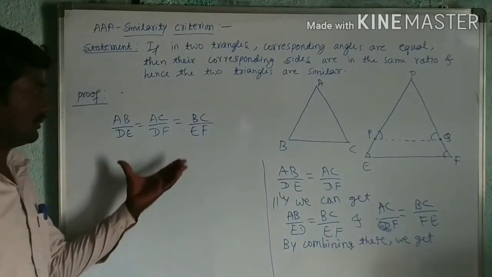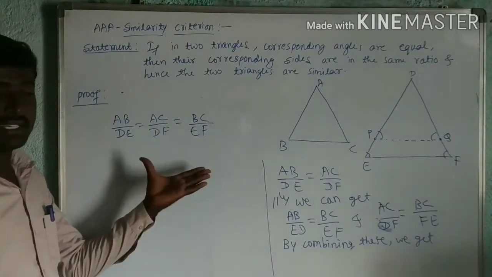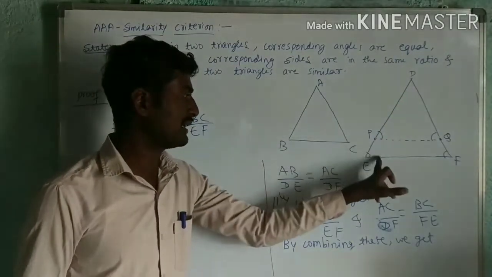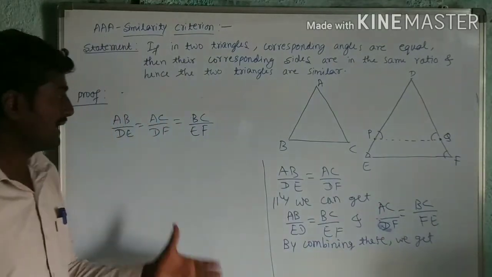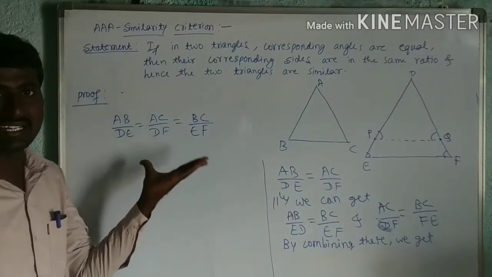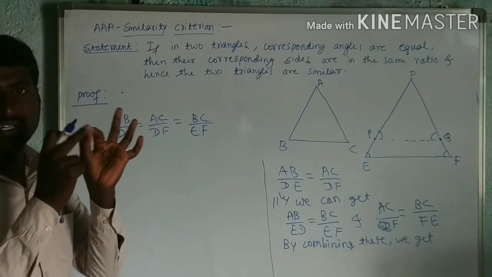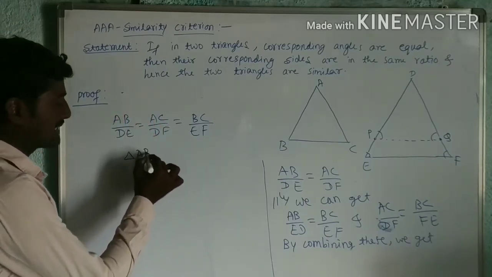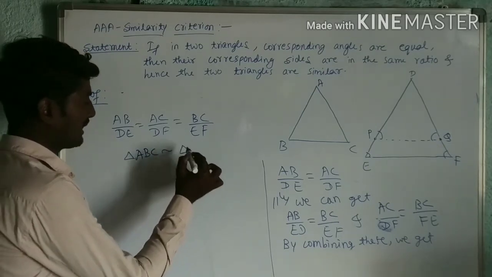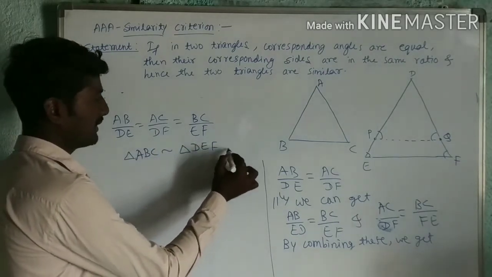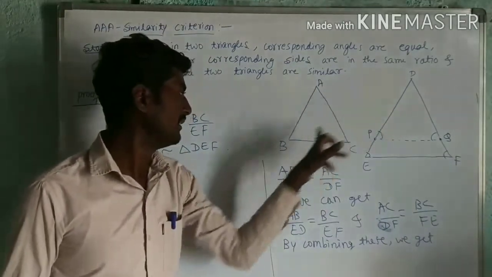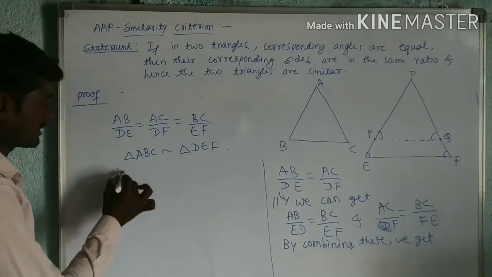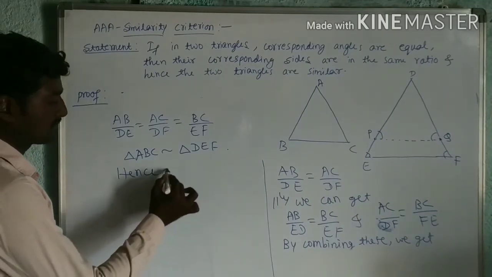Now, it is given that angle A equals D, angle B equals E, angle C equals F, and we proved that corresponding sides are in the same ratio. Then automatically I can say that triangle ABC is similar to triangle DEF: A for D, B for E, C for F. Hence proved.